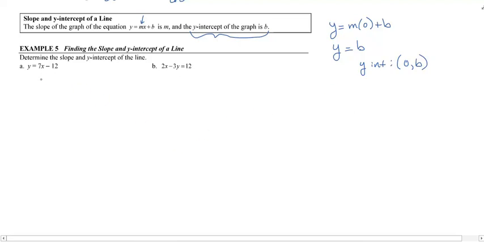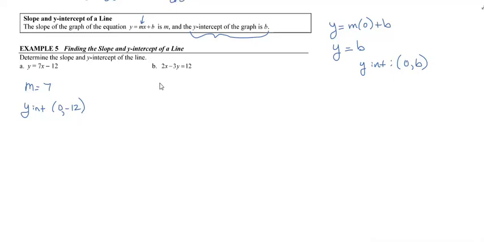Okay. Find the slope and the y-intercept of a line. Determine the slope and the y-intercept of the line here. Just by looking at it, it's already in that nice form. My slope is 7. And my y-intercept, it's not negative 12, it's (0, -12). Remember, write it as a coordinate because intercepts are coordinates. On this equation, finding the slope and the y-intercept of the line involves a little bit more work.